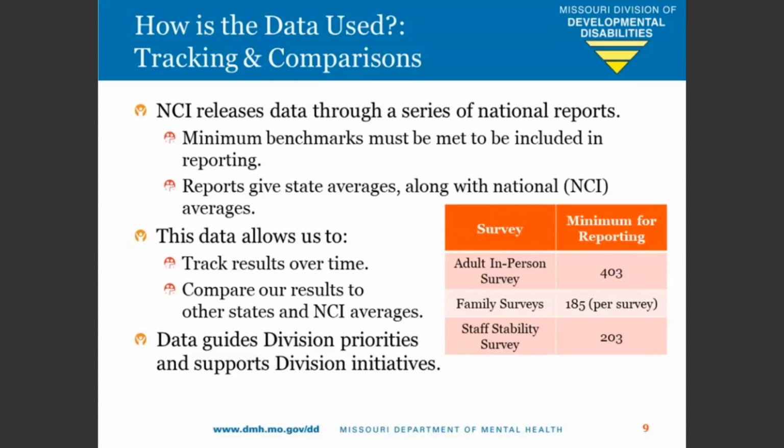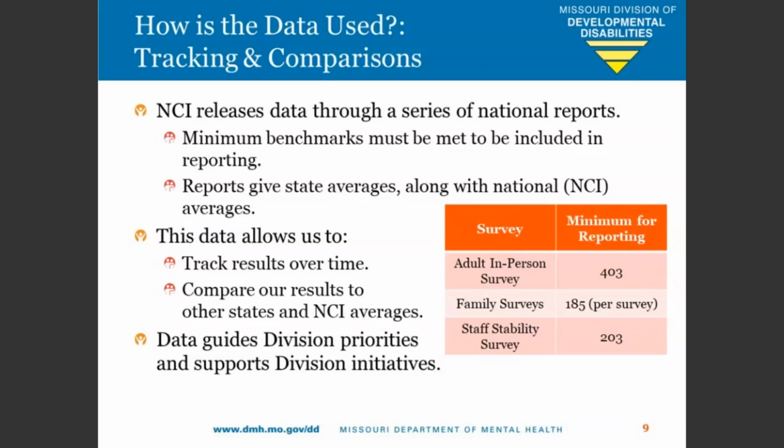And then for the staff stability, we need at least 230 completed surveys. At Kindle, we always want to beat that number.